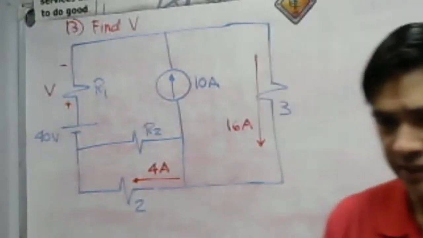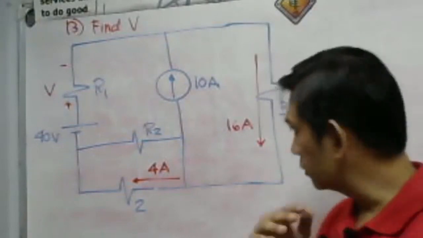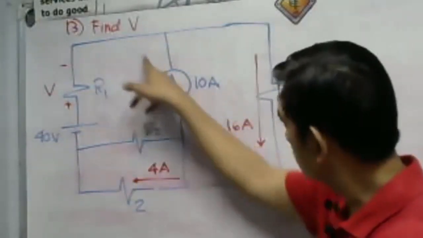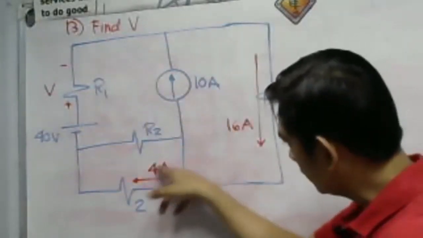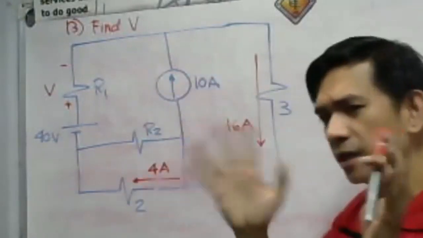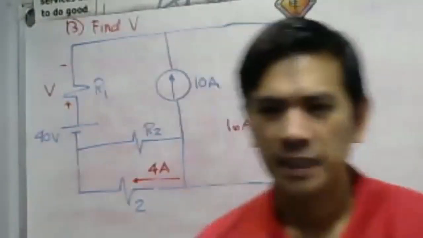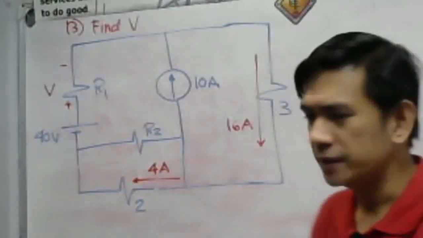I will show you that this is just Kirchhoff's voltage law. You don't have to introduce your mesh current or loop current here. For a 3-loop circuit, you would come up with 3 equations and 3 unknowns. No need for that. The only question here is to find V.